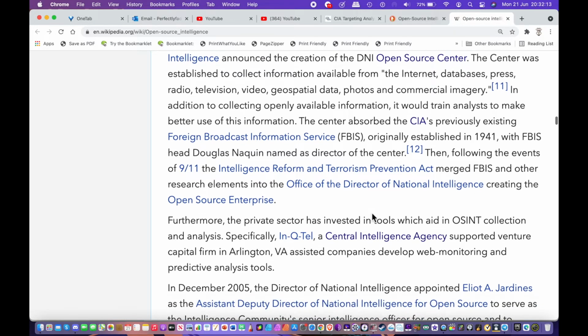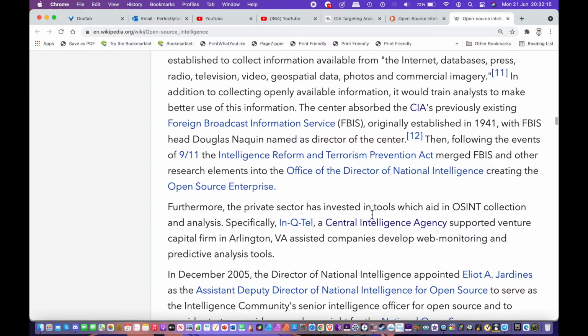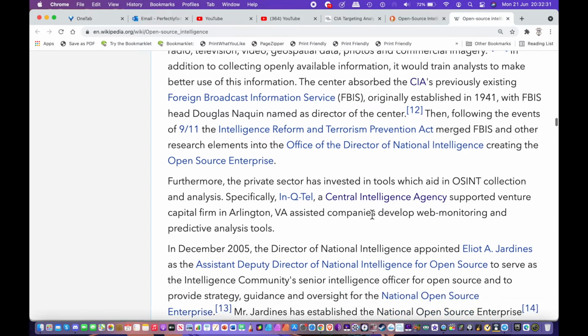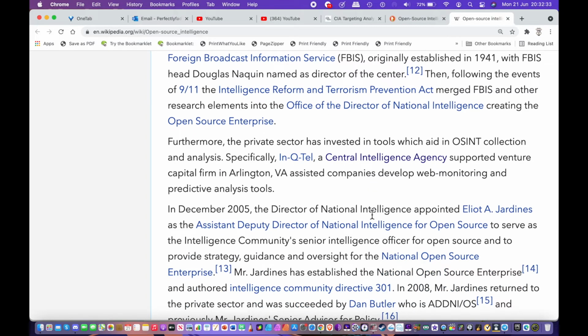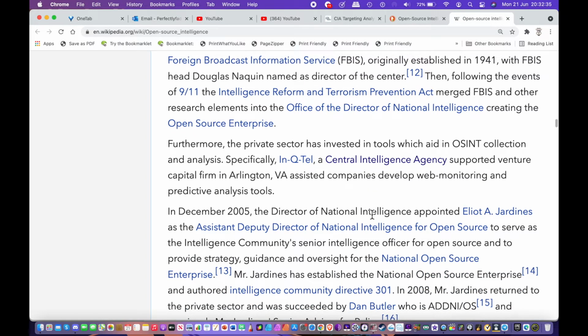Then, following the events of 9/11, the Intelligence Reform and Terrorism Prevention Act merged FBIS and other research elements into the Office of the Director of National Intelligence, creating the Open Source Enterprise.